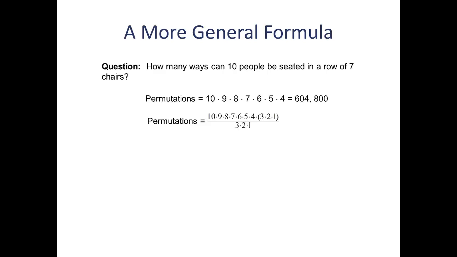Now, if I rewrite this using factorials, the expression becomes 10 factorial divided by 3 factorial. But now I want you to think about that 3 for a minute. We started with 10 elements, 10 people, and we put them in groups of 7, the 7 chairs. Notice how 3 is equal to 10 minus 7.